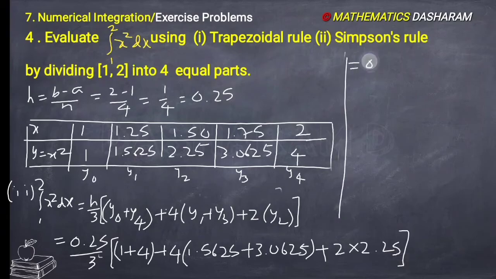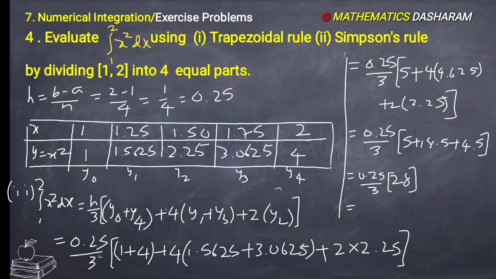So it equals 0.25 divided by 3 bracket of 5 plus, so 0.25 into 28 is 7 by 3, so its answer is 2.3333. So this is our required answer.